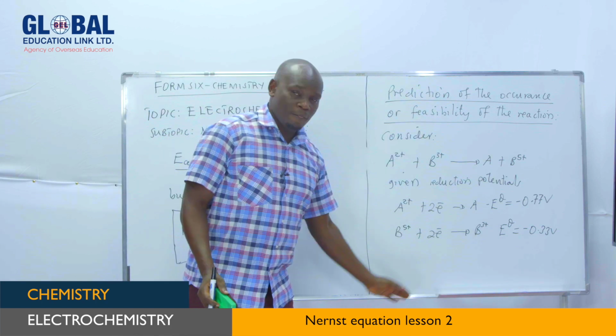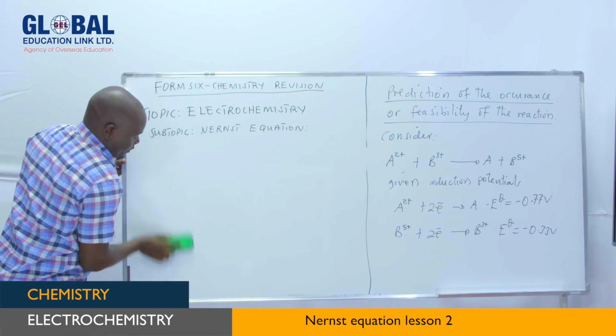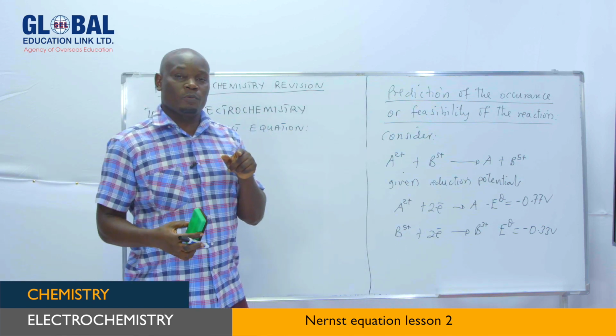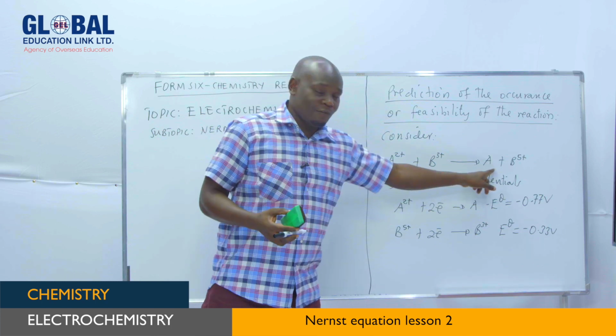Now the procedure to follow when given such a question is that first you have to write the half reaction equations as they appear in the given equation. So this is our given equation.